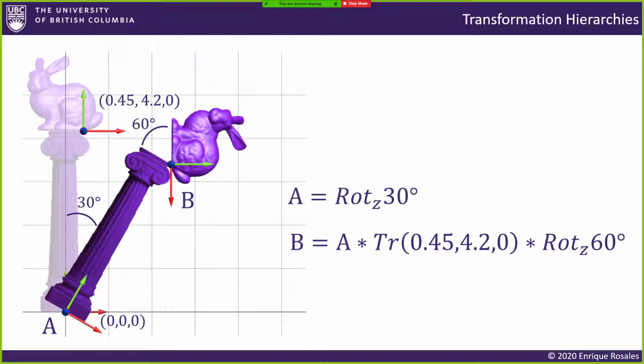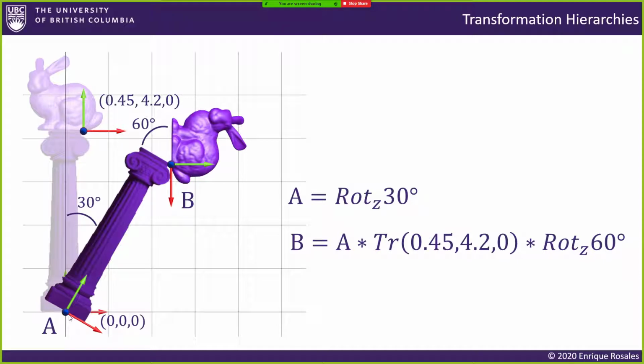So let's see what we would need to do if there was no column. Let's pretend there's no column and we just have this bunny here, and we want to get the bunny from here to here. If we have an origin, no column, no hierarchy, and the bunny has this position right here, we would need to first get the bunny to the origin.